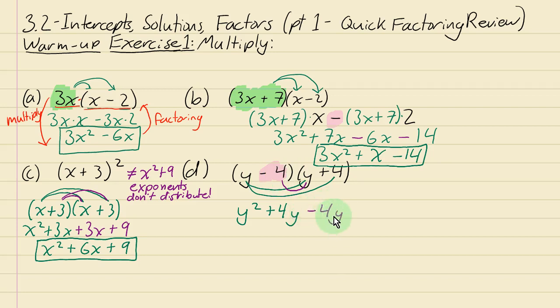That gives you minus 4y. And then negative 4 times positive 4 is minus 16. And then the 4y and minus 4y cancel out. That just gives you 0. So you can just write this whole thing as y squared minus 16.